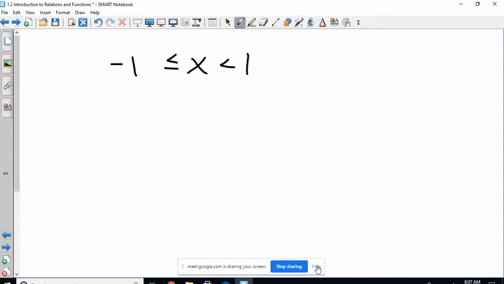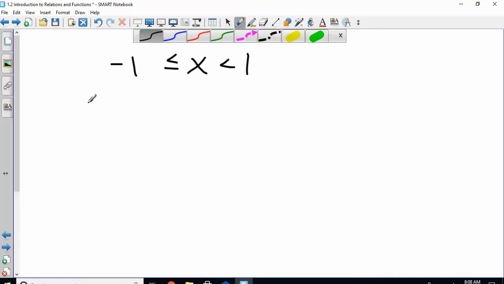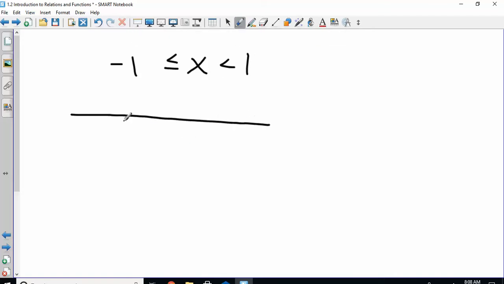Interval notation, instead of using the inequalities and the x, it just gives a starting and a stopping point. What this means is you want things bigger than -1 and smaller than 1. Okay? Last year you would have used a closed circle at -1 and an open circle at 1, and then just shade in between.